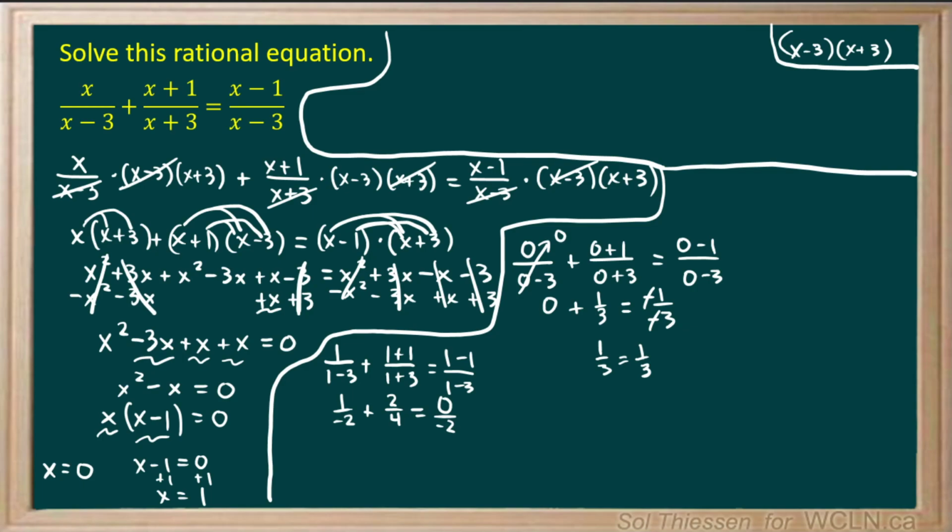So the first fraction, we can move the negative into the numerator, so we'll have negative 1/2 plus 2 over 4, which we can simplify down to 1/2 if we divide both numerator and denominator by 2. So we'll have negative 1/2 plus 1/2 equals 0, and of course that is true. So we'll have 0 equals 0.